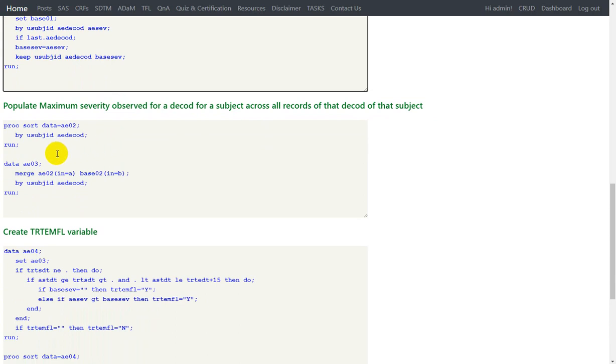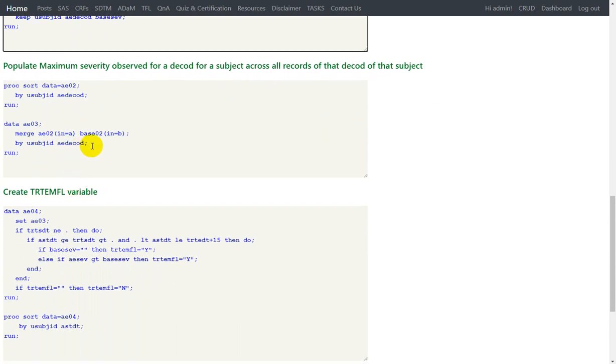And then we are merging it back to the parent AE dataset at subject and AE decode level, so that baseline severity for the pre-treatment events would be populated across all the decodes, including pre and post-treatment records.